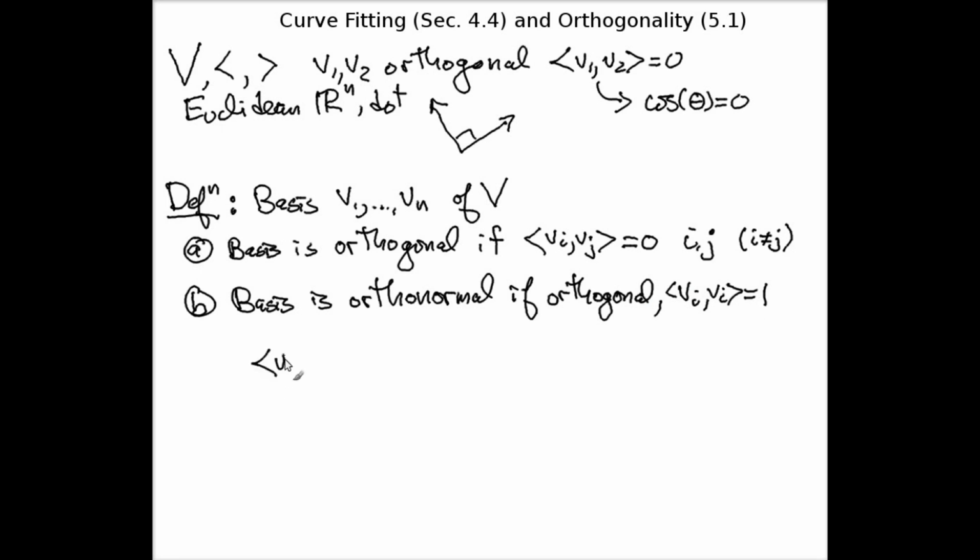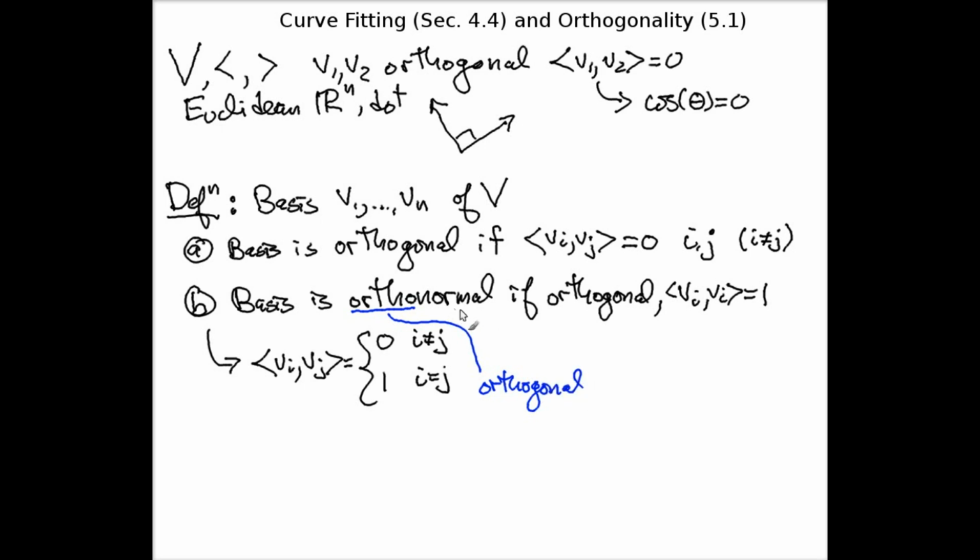In other words, you can capture both of these conditions by saying that vi dot vj is equal to 0 if i is not equal to j, and 1 if i is equal to j. And it's worth parsing this word just for a moment. Orthonormal means orthogonal. Ortho means orthogonal, and normal means normalized, so that the length of each vi is equal to 1.